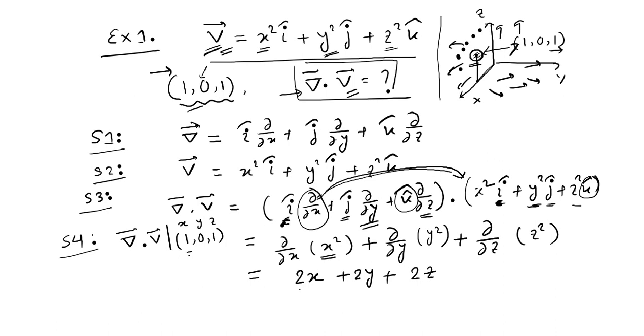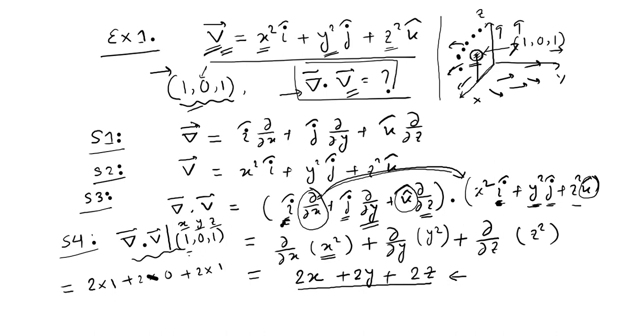This is the expression of the divergence of V. If you insert x is equal to 1, y is equal to 0 and z is equal to 1, you will get your result. So let's do it: 2 into 1, plus 2 into 0, plus 2 into 1.